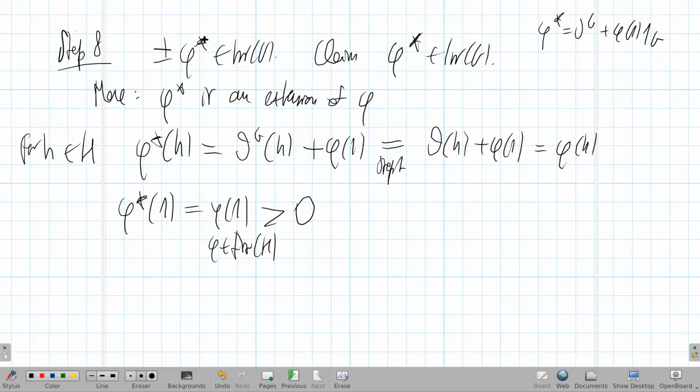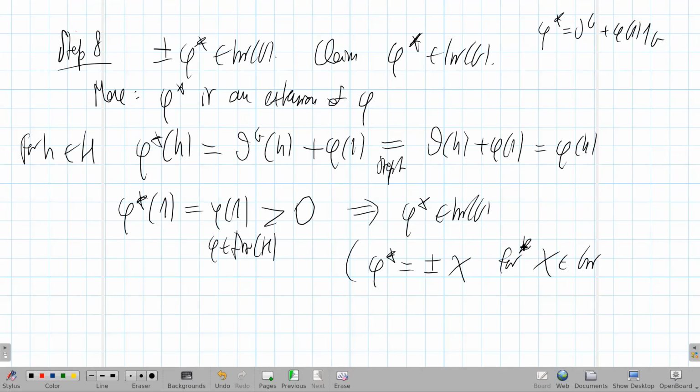So we were in doubt whether phi star is a character or the opposite of a character. But if it's the opposite of a character, then the value at 1 is negative, okay? So this implies that phi star is an irreducible character of G. Just to explain, I have written it like this. I know that phi star is equal to plus or minus chi for some chi, an irreducible character of G, okay?